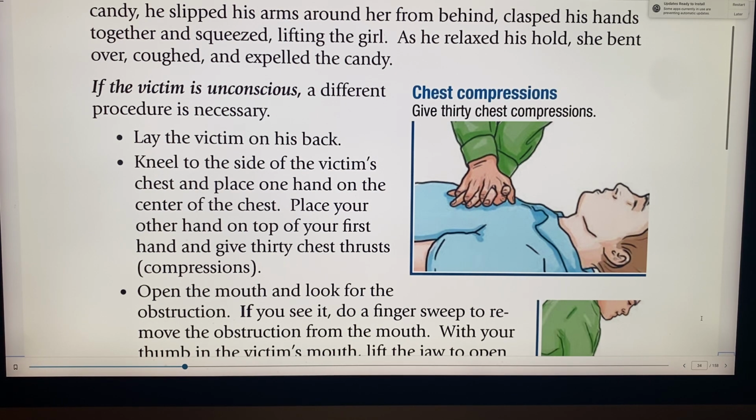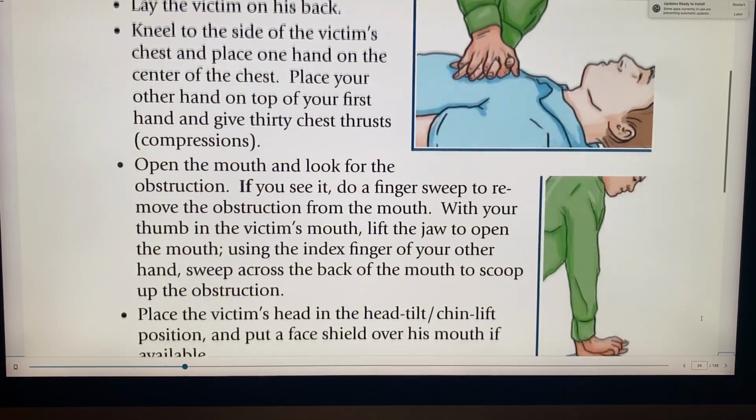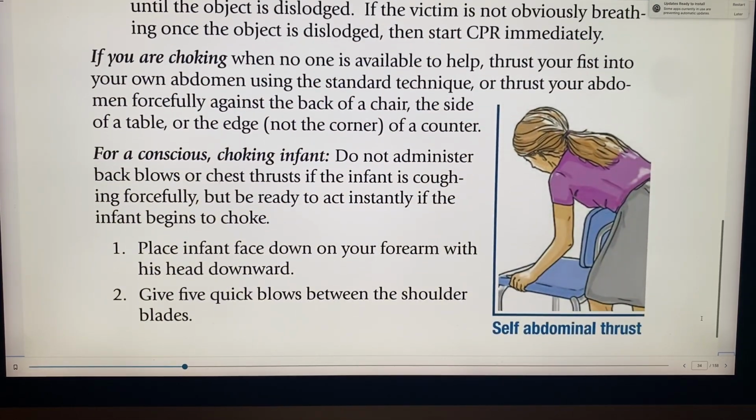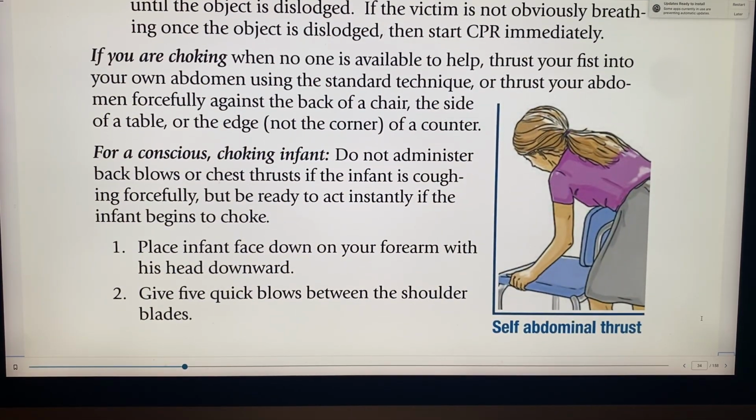So now, what if you're choking and nobody's around? It's just you choking, no one to help. What can you do? First, if you have a chair or some kind of edge like this, whether it's a chair or side of the table or something, you can do a self abdominal thrust, and do it on yourself, right where the diaphragm is, in the same position.